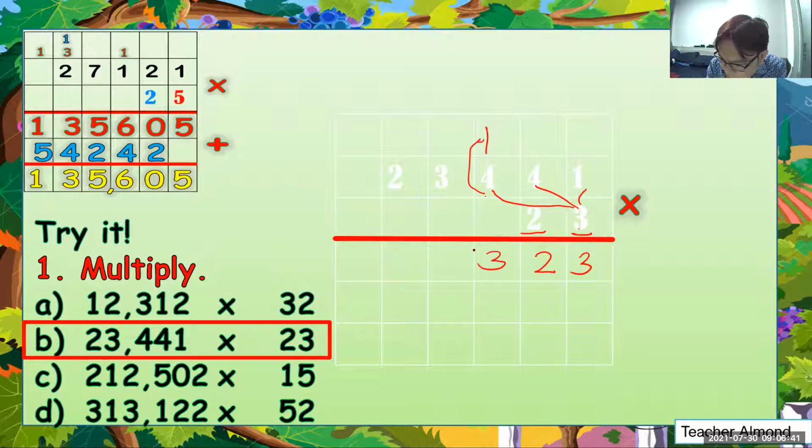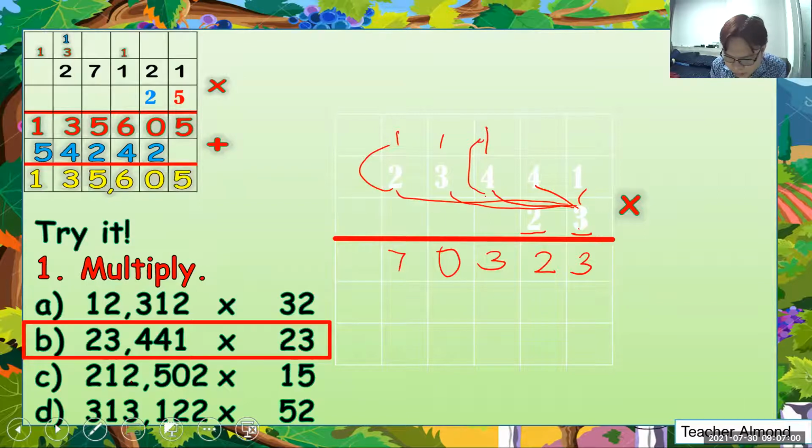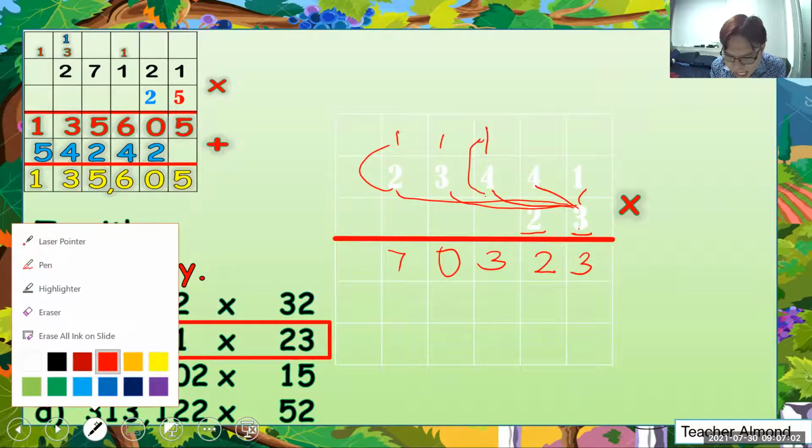So write 3 here and 1 here. 3 times 3, that is 9, plus 1 equals 10. So write 0 and then 1 here. 3 times 2, that is 6, plus 1 equals 7. Now, let's continue with tens place.